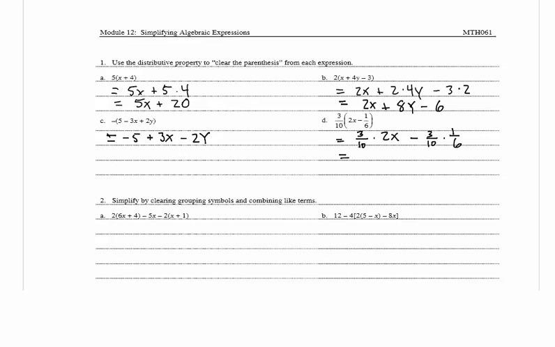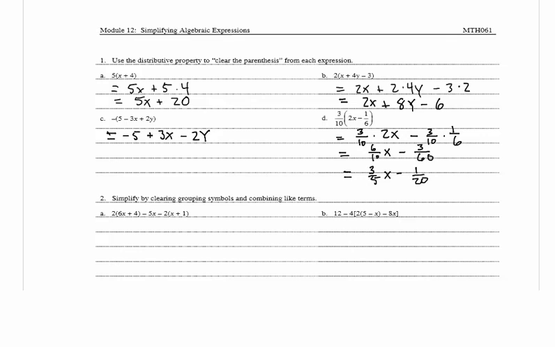And 3/10 times 2 is equal to 6/10 x, minus 3 times 1 is 3, and 10 times 6 is 60. And we can simplify this. 6 over 10 simplifies to 3 over 5, and 3 over 60 simplifies to 1 over 20.